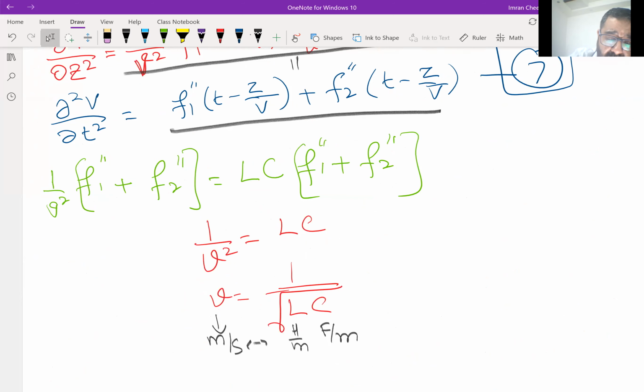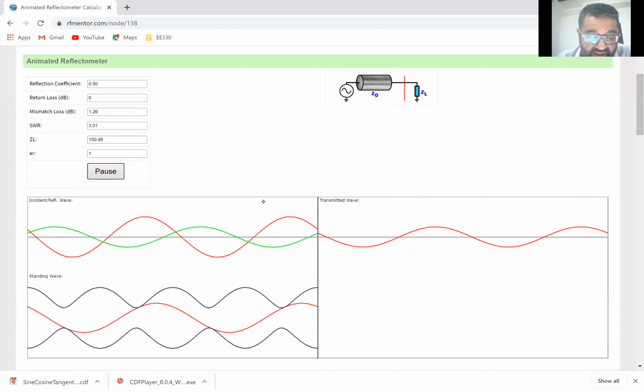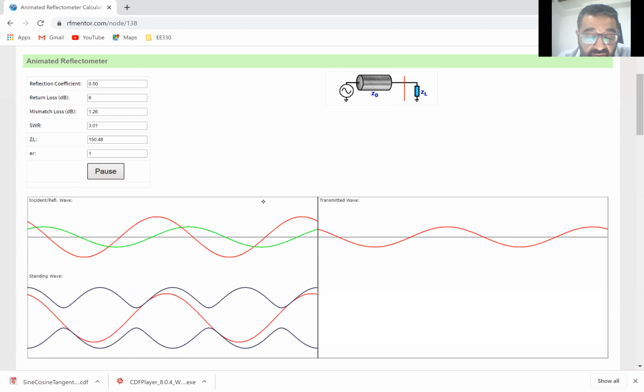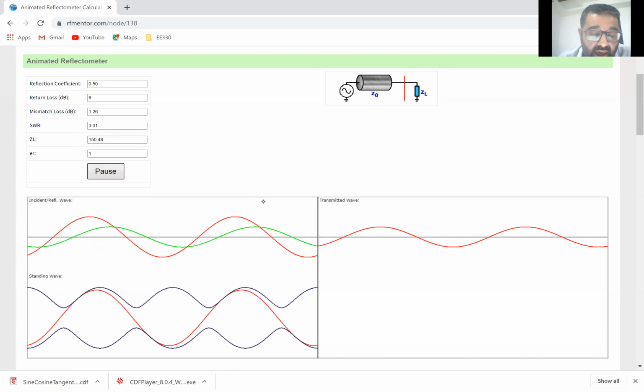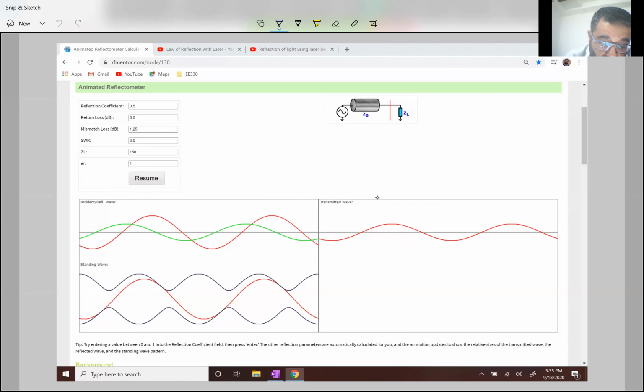Okay, so let me go back to my animation, which we looked over last time. If you look over this closely, this red wave is a forward wave. Imagine yourself sitting here.